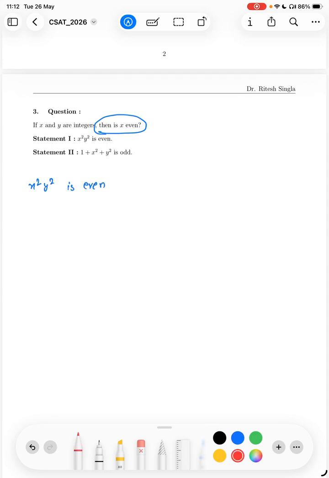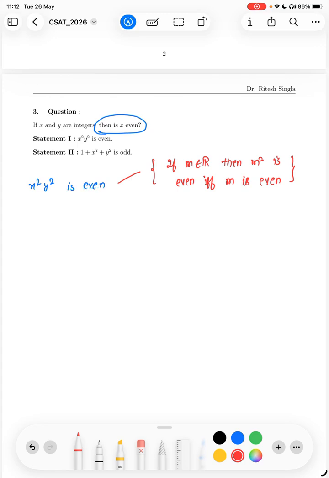Again, this is a very basic result of real analysis. If m is any real number, then m square is even if and only if m is even. What do we mean? That a number is even if and only if its square is even. You cannot find an even number whose square is odd, or you cannot find an odd number whose square is even.